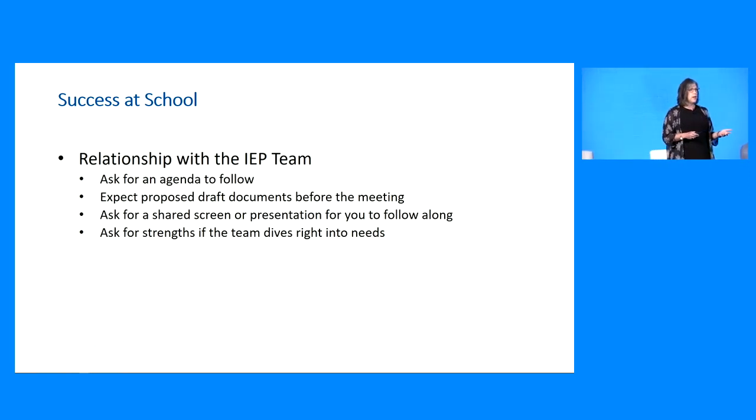If for some reason the team dives right in and starts talking about, well, we're having trouble with this and we don't know what to do with this and here's where we need to work, then ask for strengths. Ask, hey, can you tell me what's going well and how is my student really thriving right now?